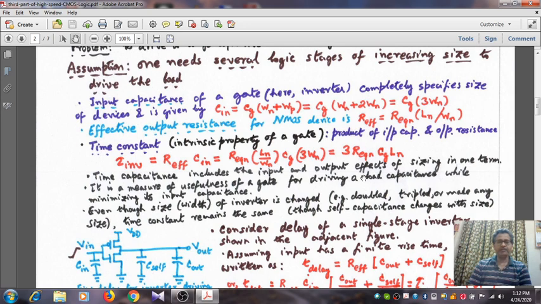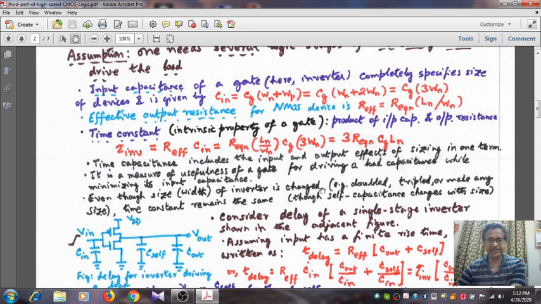Note very carefully that even if the size or width of the inverter is changed, by which we mean even if you double or triple the size of the transistors, the time constant remains the same, though the self-capacitance changes with the size.